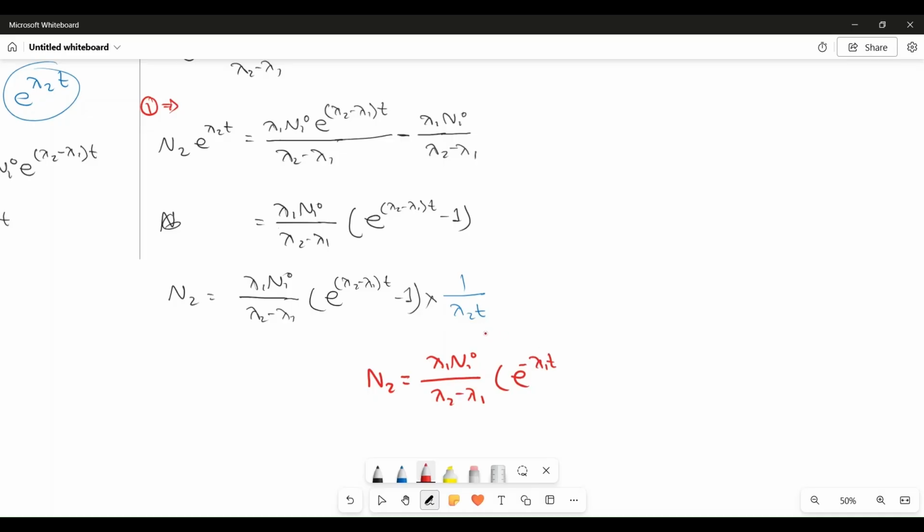We are multiplying it basically, and okay, we made one mistake here. I guess this will be e to the power... so if we do it, then we get minus e to the power minus lambda 2 t.